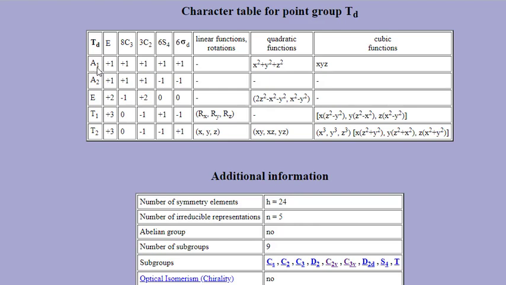Now, A would represent one orbital. It's singly degenerate. E is doubly degenerate. It represents two orbitals. So you would see two orbitals together that are degenerate. And then lastly, T would represent triply degenerate orbitals. So three orbitals that you would have to consider at the same time.